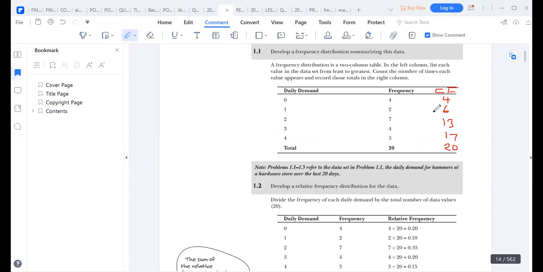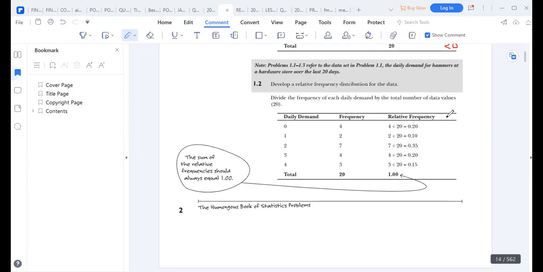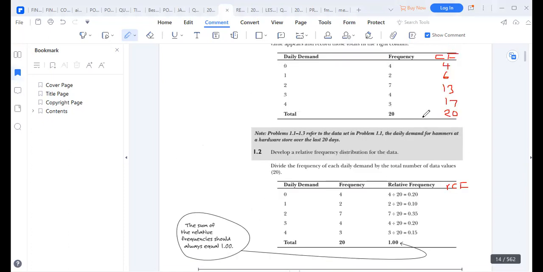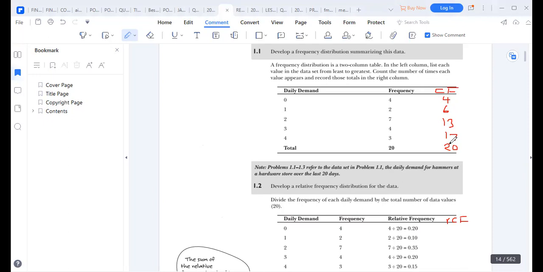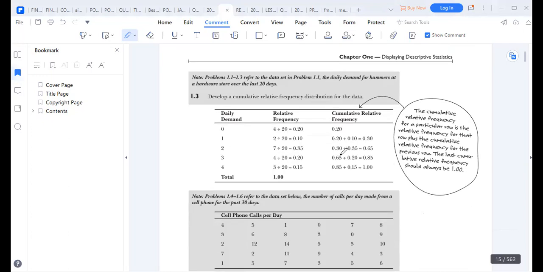Similarly, if we're being asked to find the relative cumulative frequency table, relative cumulative frequency would actually be asked to divide 4 out of 20, 6 out of 20, 13 out of 20, 17 out of 20, and 20 out of 20. So this is how we find our relative frequency table.